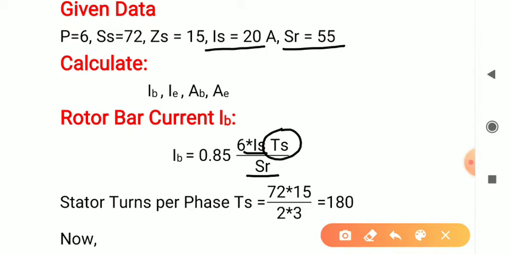But to calculate TS using the EMF equation, the voltage and flux information must have been given.